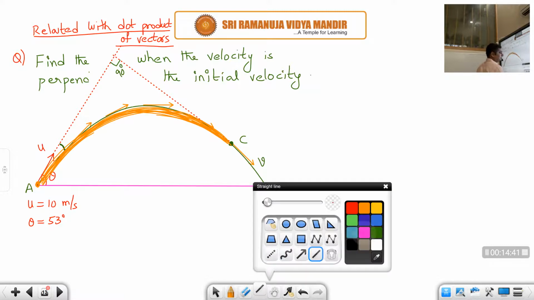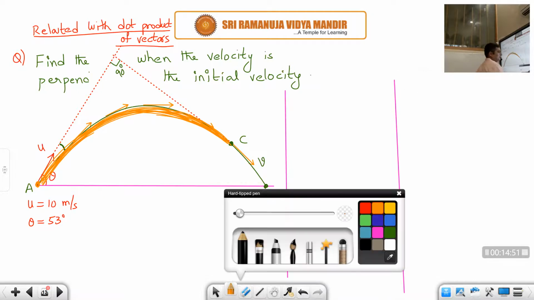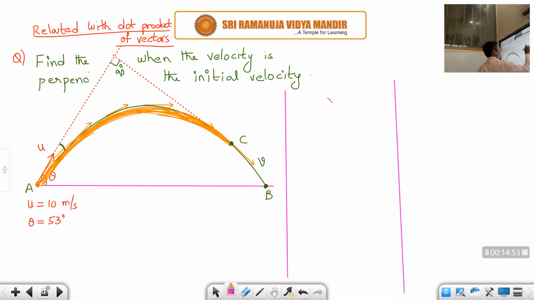As usual, in x direction and in y direction. In x direction, let us say right side is positive, and in y direction upward is taken as positive. Now let us find ux and uy.